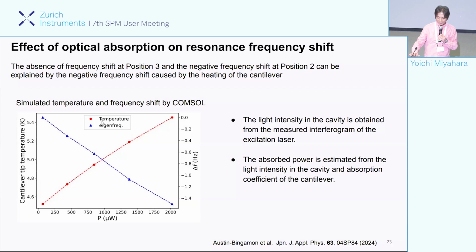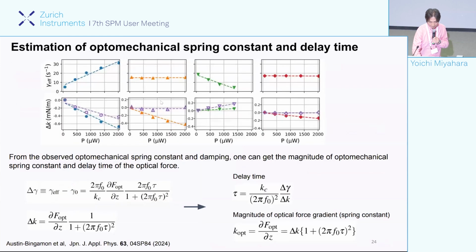Correspondingly, using the temperature dependence of the Young's modulus, we could calculate the change in the eigenfrequency. So basically, using this simulated value, we corrected for this data. This purple one is the corrected frequency shift.